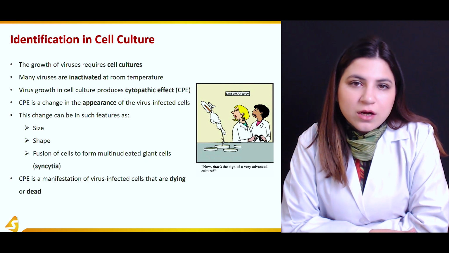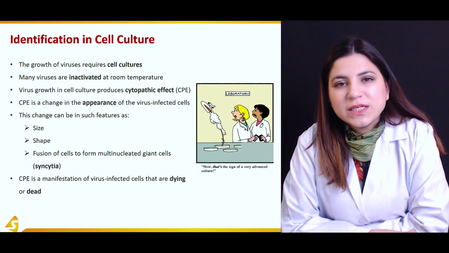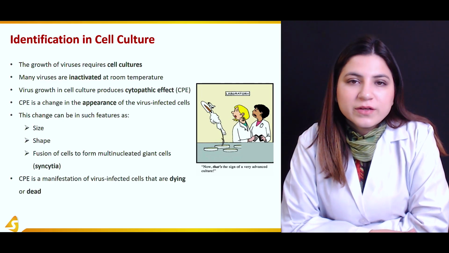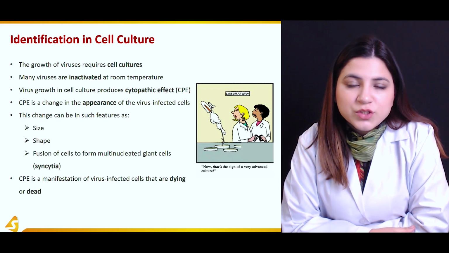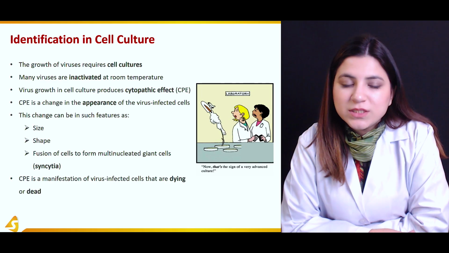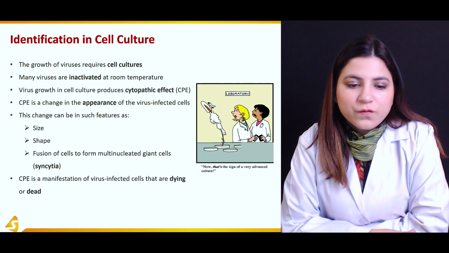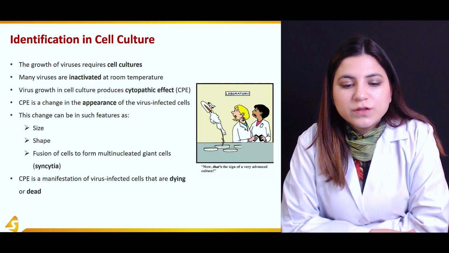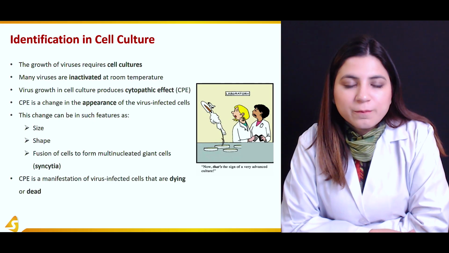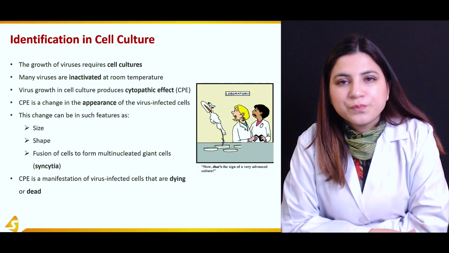These changes are called cytopathic effects, and this is basically the change in the appearance of the virus infected cell, which will help us identify and differentiate those cells from the non-infected cells. This change can be in the form of size, shape, or fusion of the cells to form multinucleated giant cells. This is also known as syncytia.